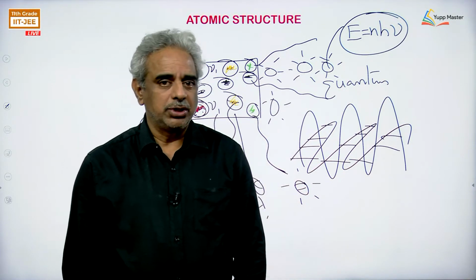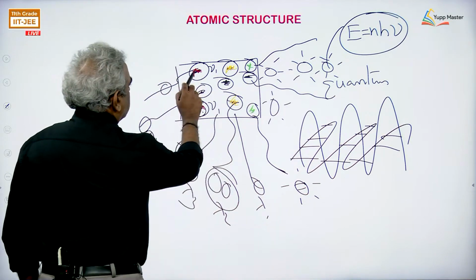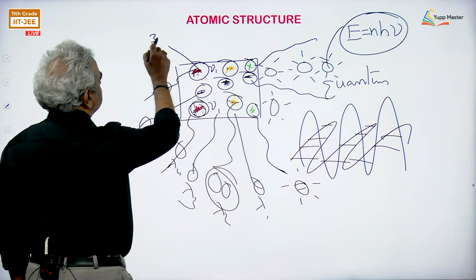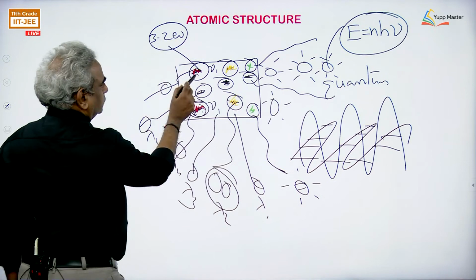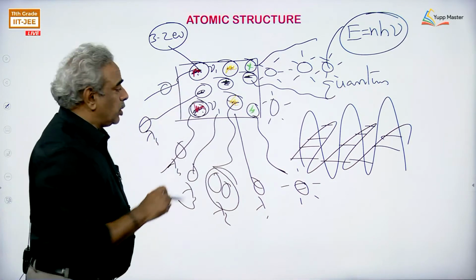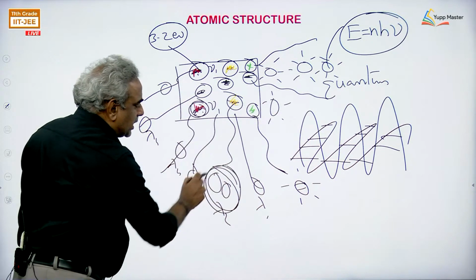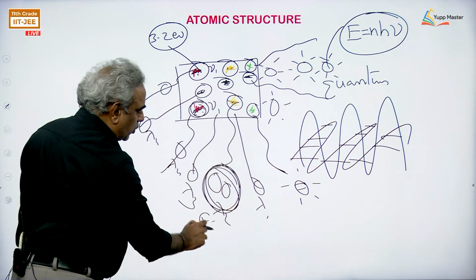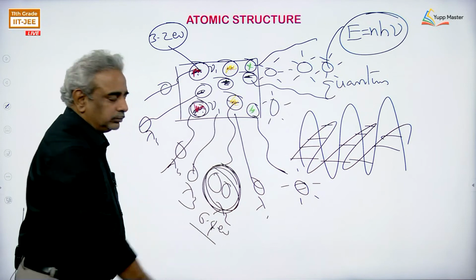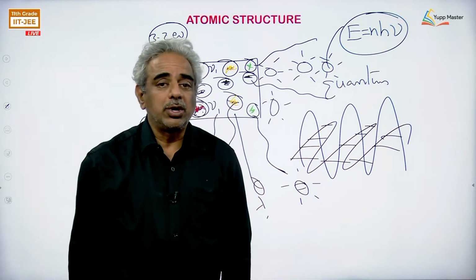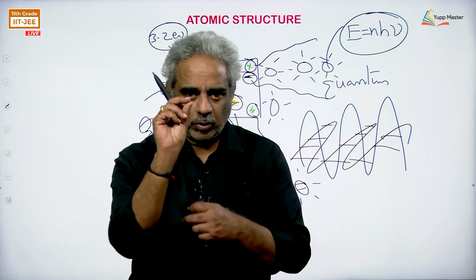that is called quantization. Suppose this frequency causes 3.2 electron volts. So, if two such radiations come together, what will be the energy stored in this? 6.4, because there are two 3.2 electron volt bundles, quanta.